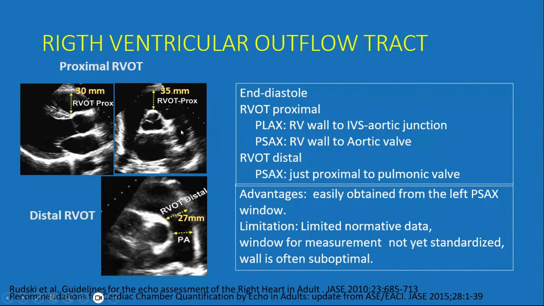And in other conditions also, like whenever there's pulmonary hypertension, there's a back pressure, so this starts dilating. So this portion also needs to be assessed, because today we are talking about the dilated right heart, and RVOT is also a part of the right heart. And the distal RVOT, 27 millimeters and below is normal.